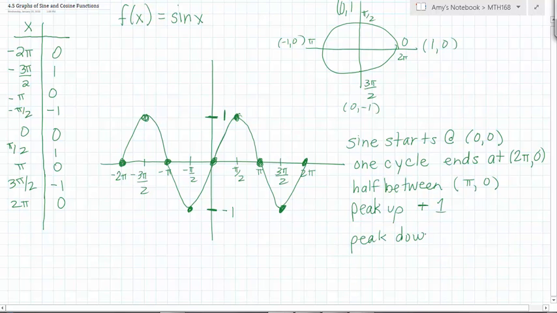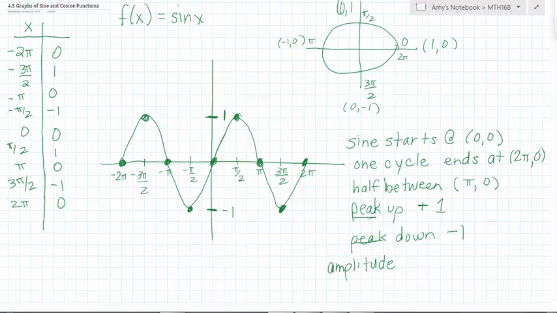These peaks that we see, we call these peaks the amplitude. The amplitude is the number in front of sine or cosine, and these peaks are extended to that number. A negative number in the front will change the flow.